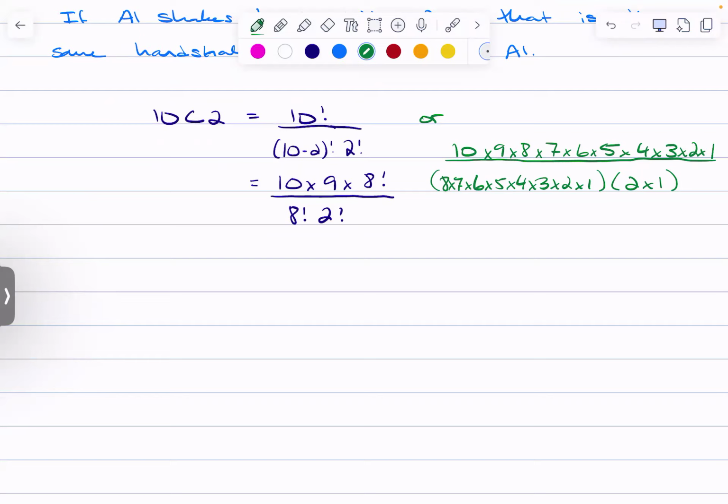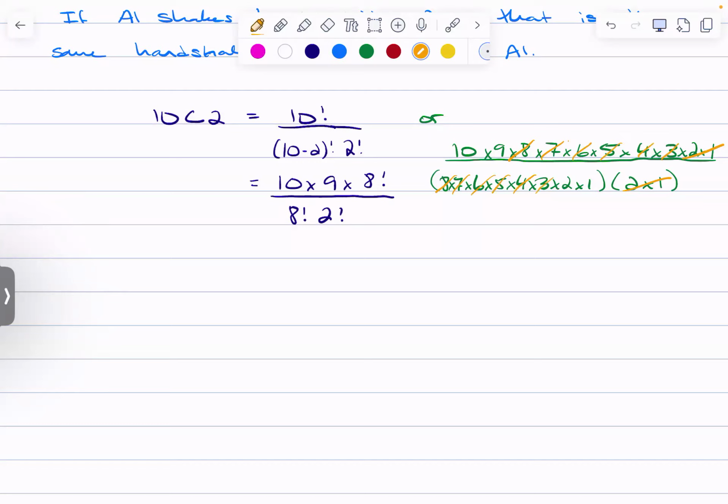It's just a ton of work that you don't really need to do. If you were tempted to simplify, you'd probably end up doing that, and then you can simplify an 8, a 7, a 6, a 5, a 4, and a 3.